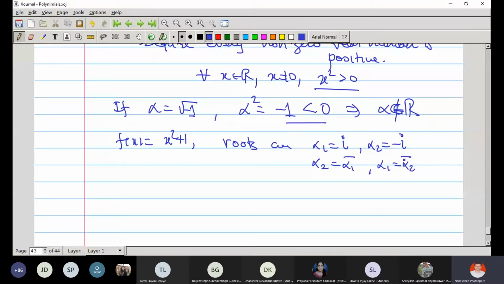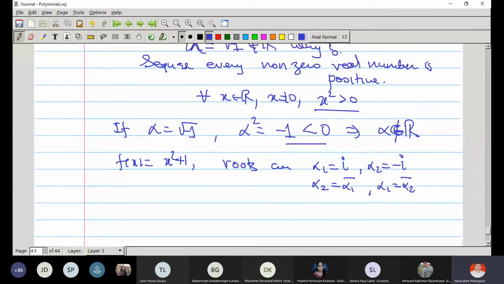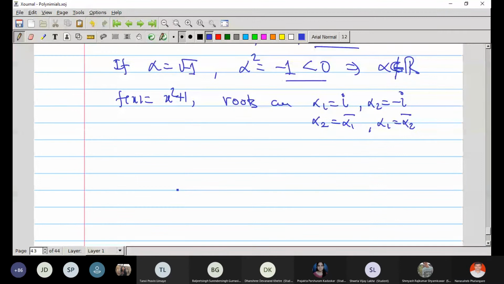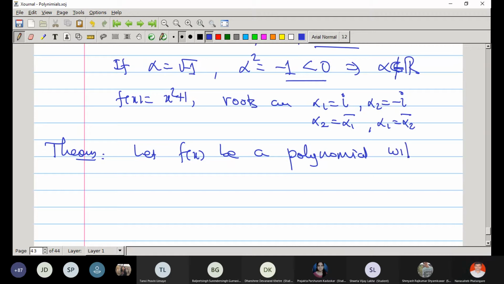And therefore, what is the theorem? Let f of x be a polynomial with real coefficients.